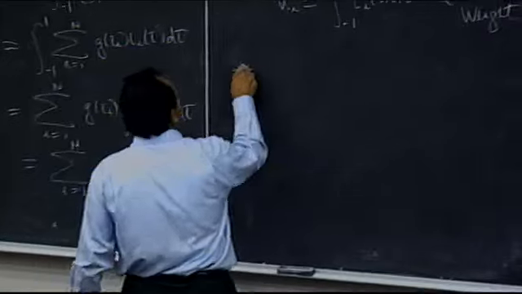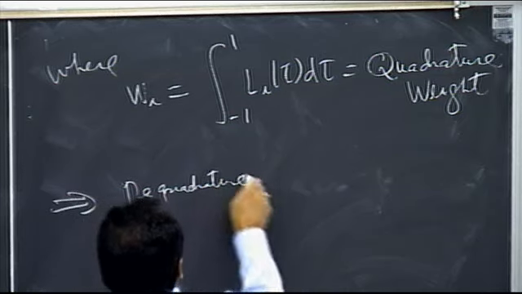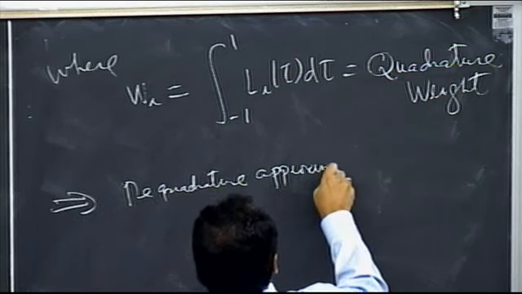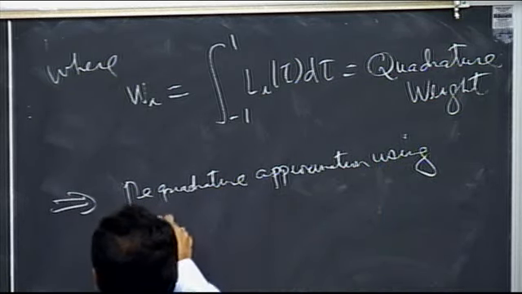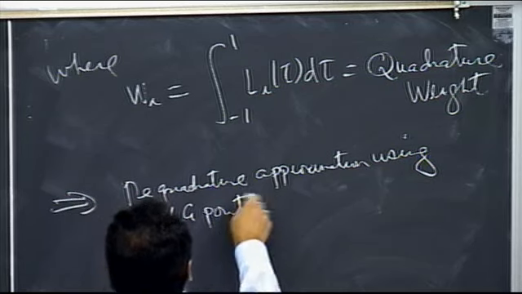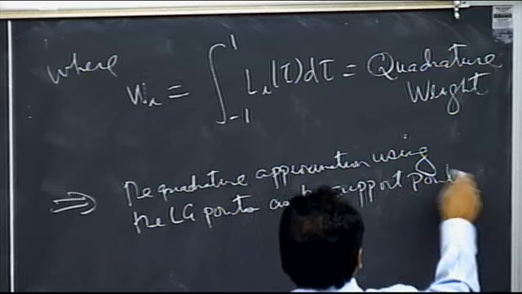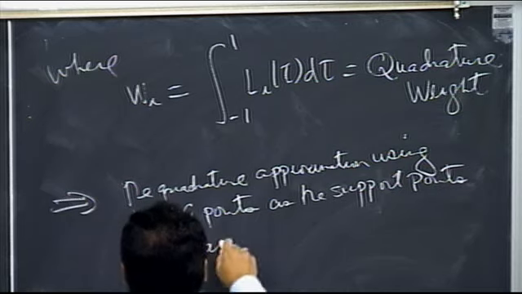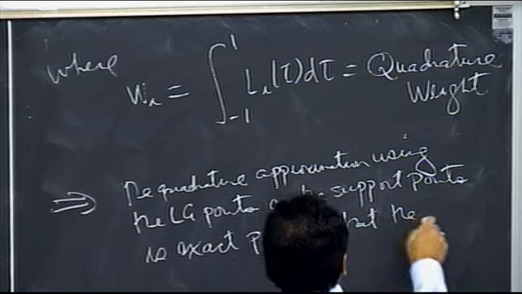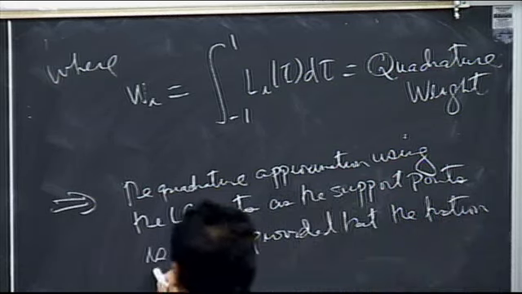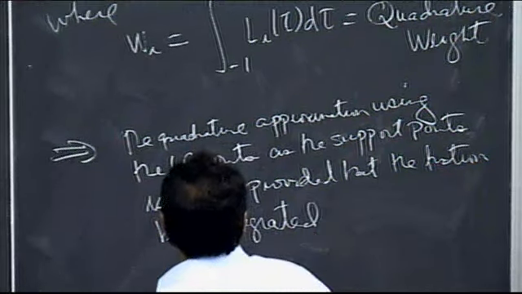So what this says is that the quadrature approximation using the LG points as the support points is exact, provided that the function being integrated... I should be more careful here.